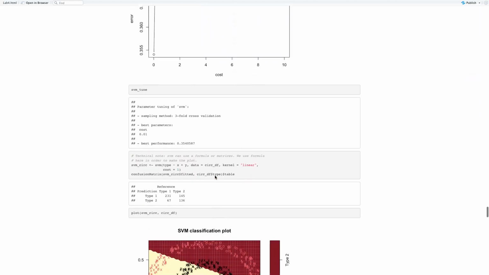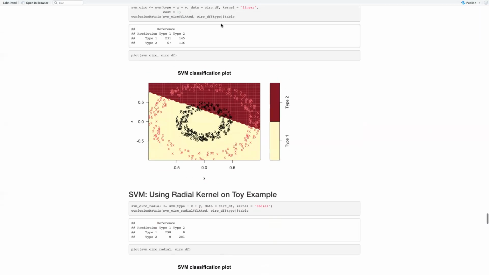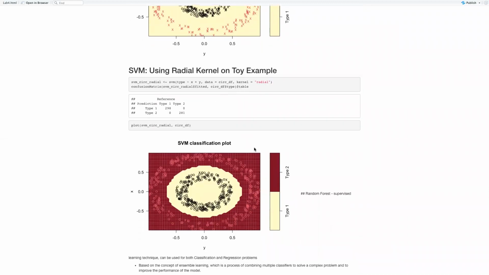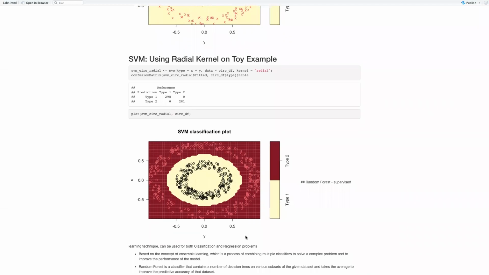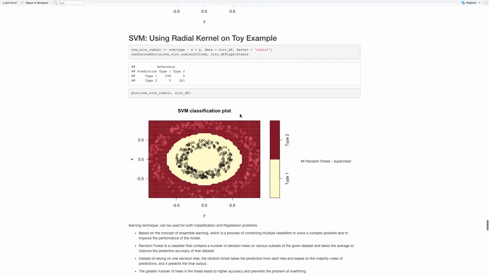But this is not what we expected, because we know these are type 2 and this is type 1, and we're going to get a very small accuracy and a large error. Whereas if we use the radial kernel, we're able to get a 100% good separation on this. So it's really important to know your data features before you choose the kernel for SVM.